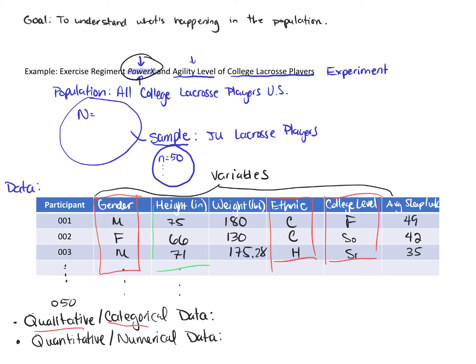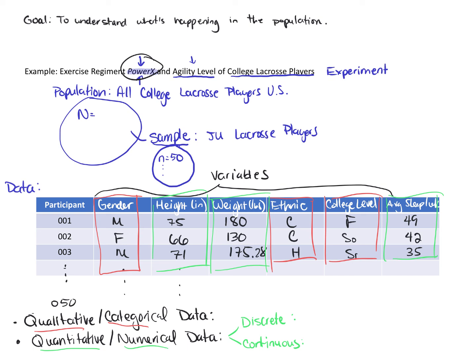So obviously height would be numerical or quantitative, weight, and average amount of sleep. Okay. Now, quantitative data can be broken down into two more categories. There is discrete numerical data, and then there is continuous numerical data.